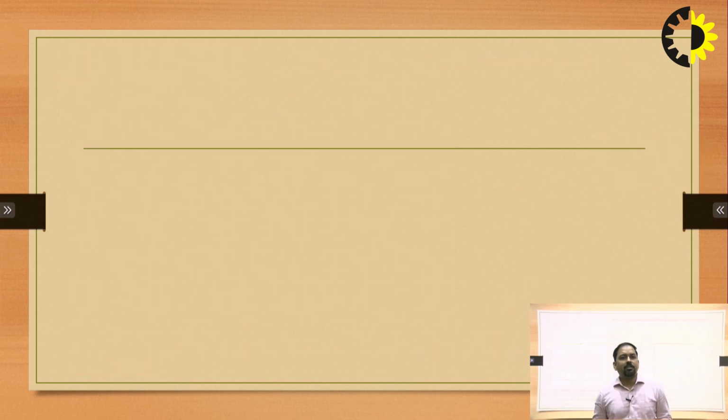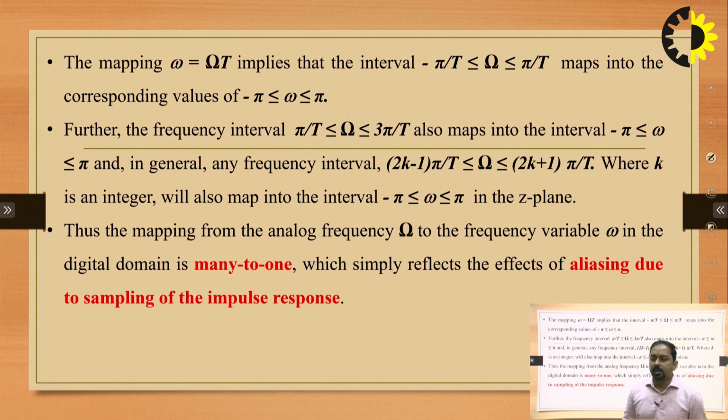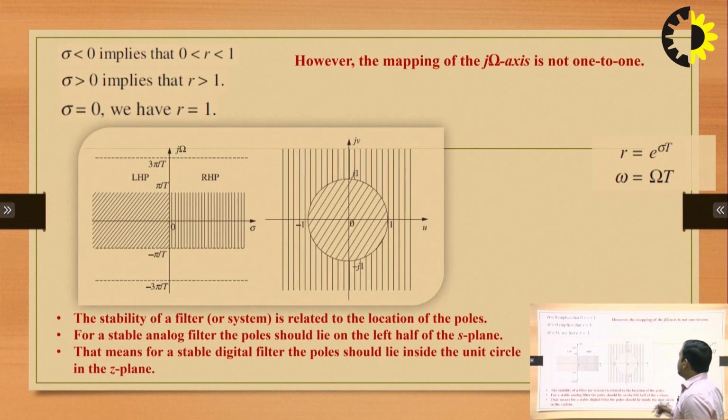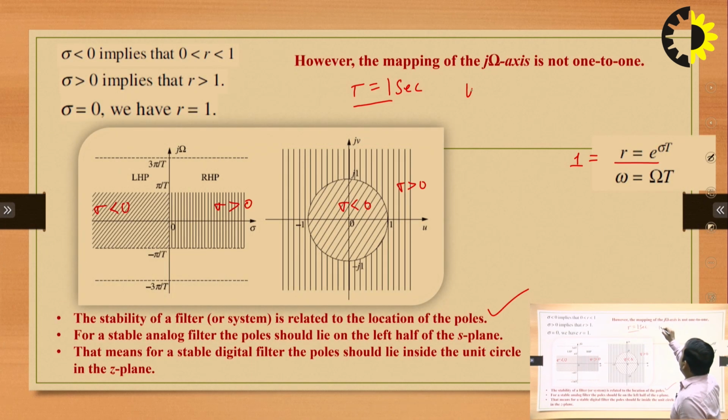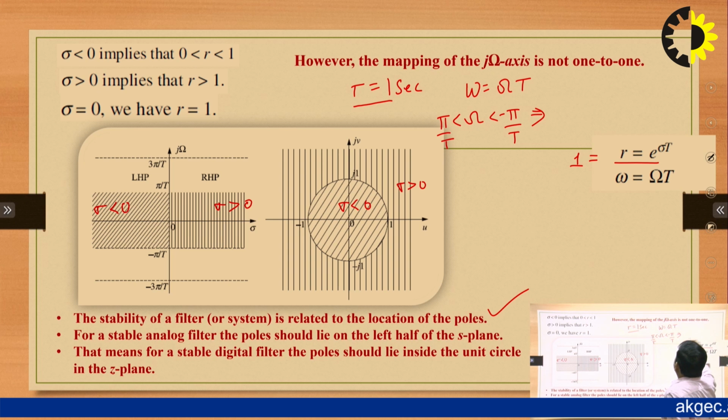Now we'll consider our second equation, which is omega equals Omega t. So if we put, let's say, Omega between minus pi by t and pi by t, the corresponding omega will be between minus pi and plus pi.